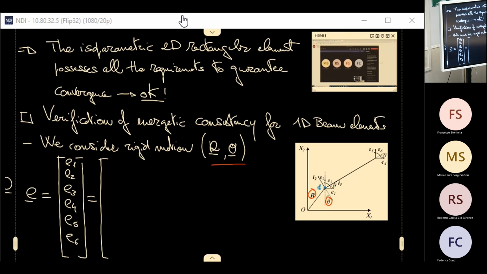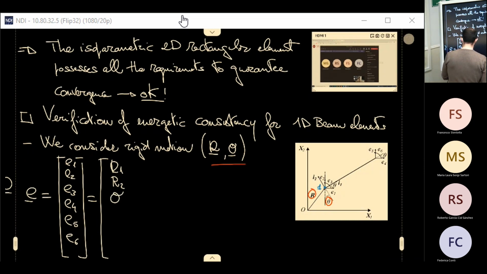Very easy. Of course, the same goes for direction 2. What about the angle that at node 1 the element forms with respect to x1? It's theta itself.